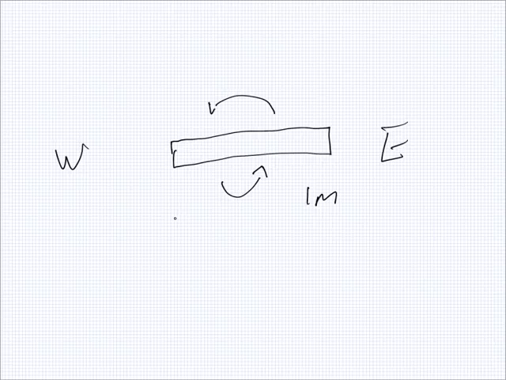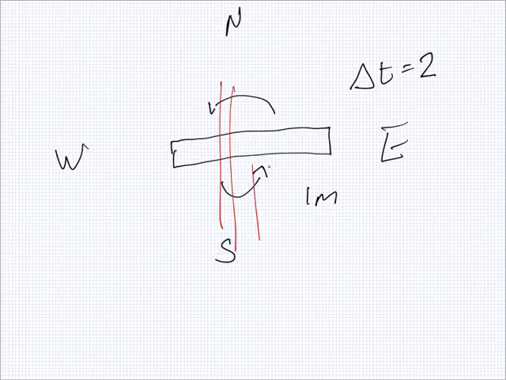If it takes 2 seconds to rotate the pipe, then what is the induced EMF in the pipe due to the Earth's magnetic field density of 0.07 millitesla?